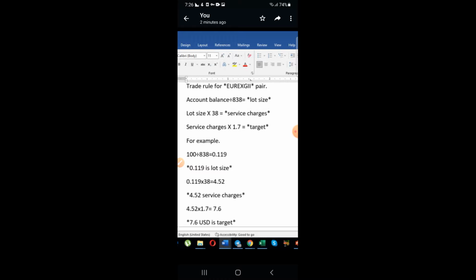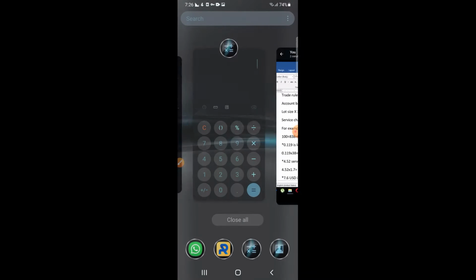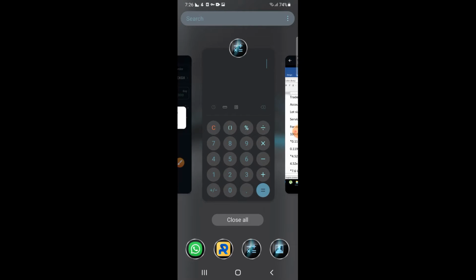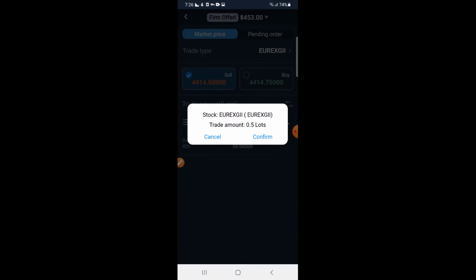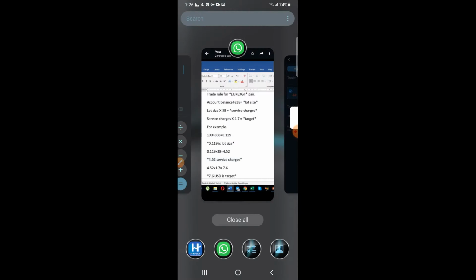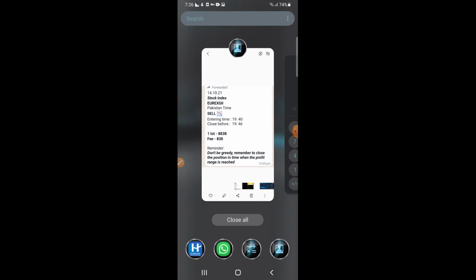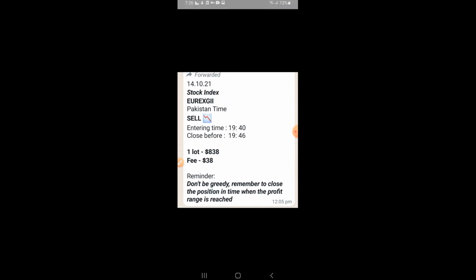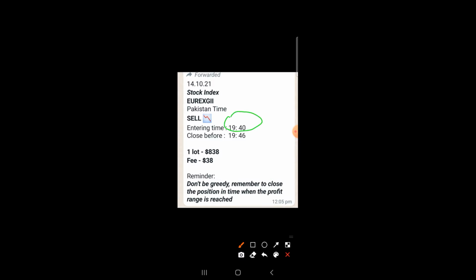Now time is 7:26 o'clock, but your trade is already ready, and you must follow this signal. As you will see here, 7:40 is the open time and 7:46 is the close time. Just 5 minutes, but don't wait 5 minutes.